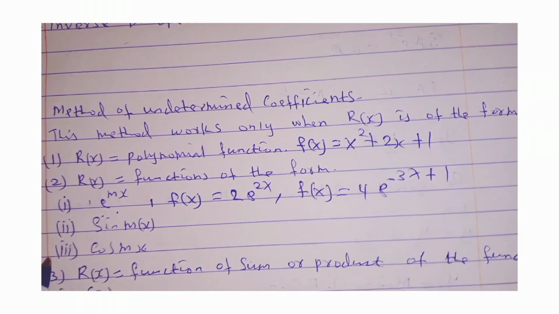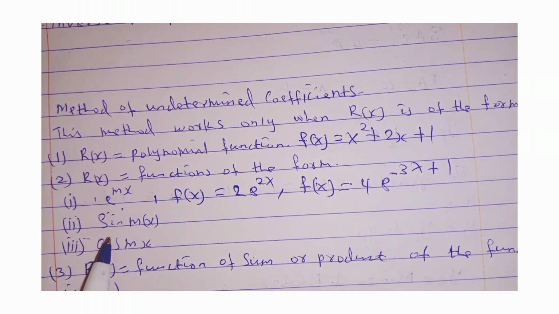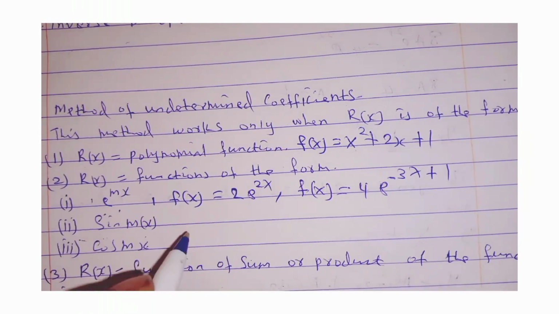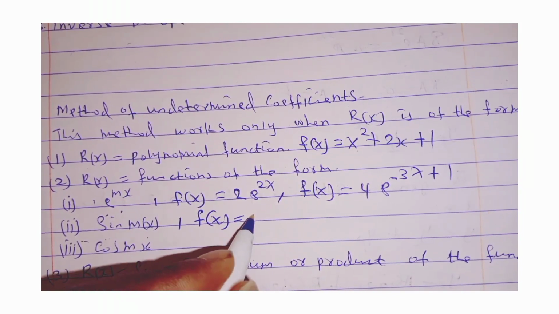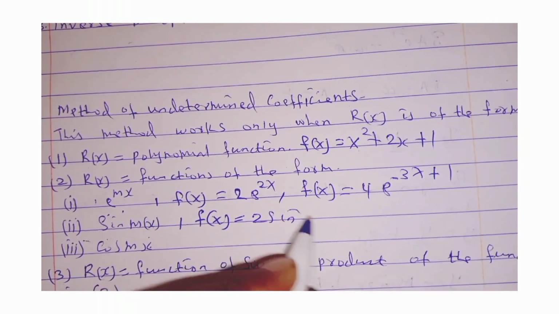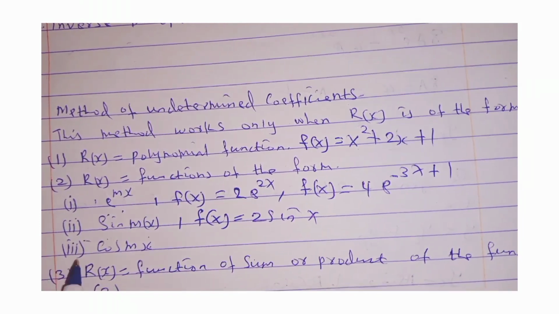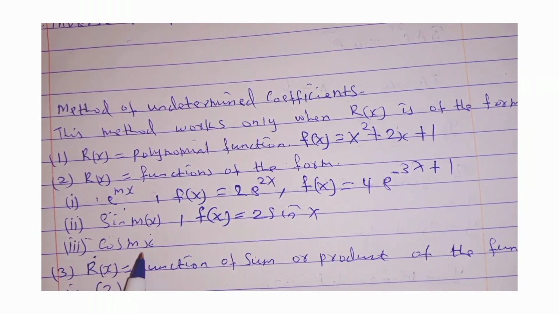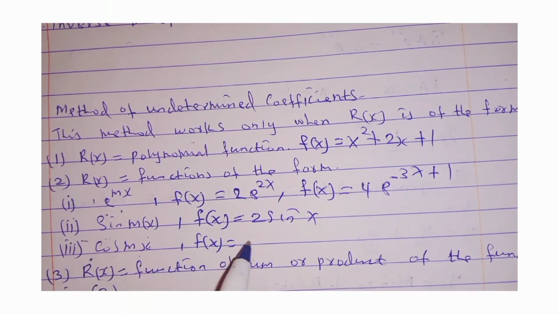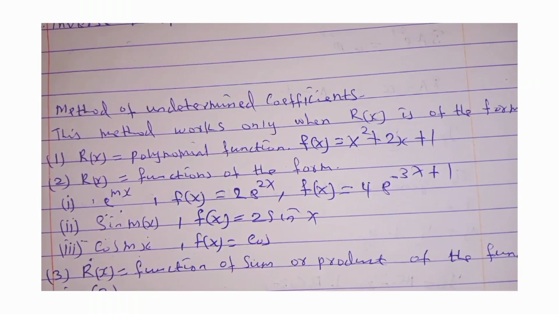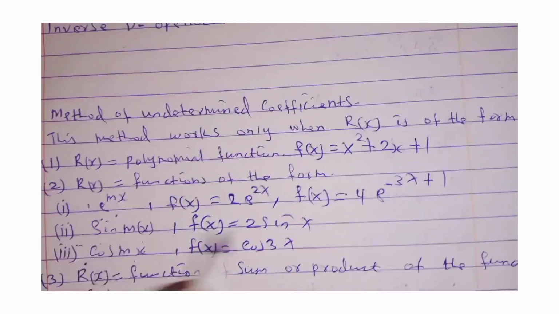Or sine of mx, for instance f of x equals 2 sine of x. Or cos of mx, for instance f of x equals cos of 3x, a function of that form.